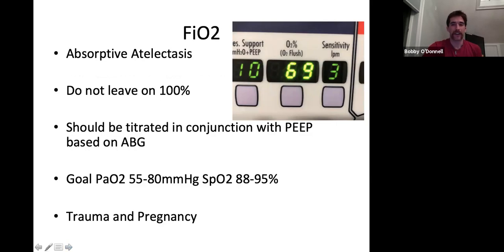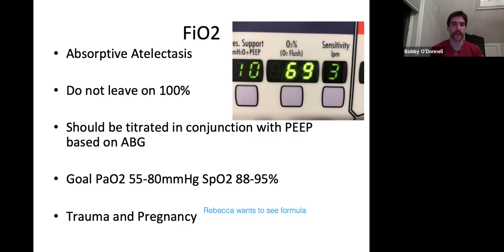So the FiO2 is going to be really important because oftentimes you'll go to a facility and you'll see them on an FiO2 of 100%. That's really dangerous because of hyperoxygenation and free radical production. We're titrating our FiO2 based off of our PaO2 over SpO2.